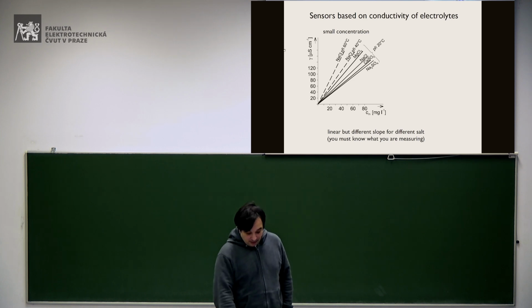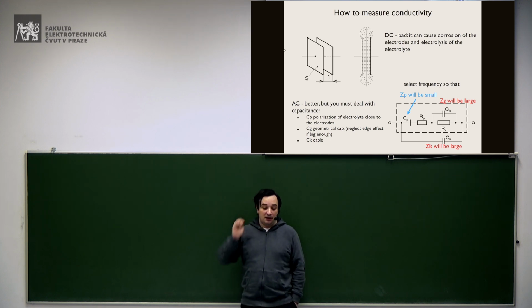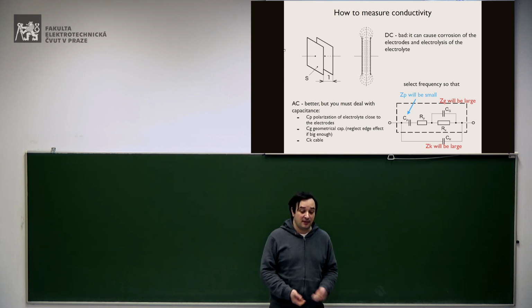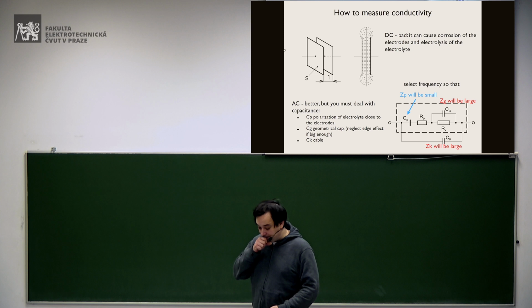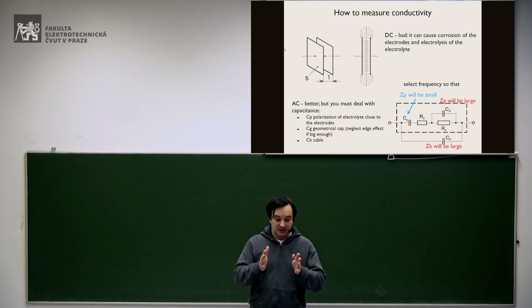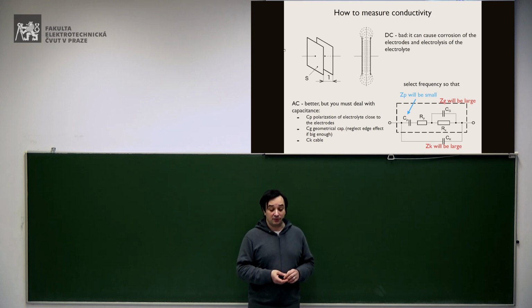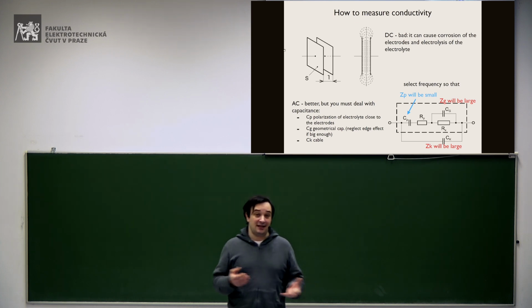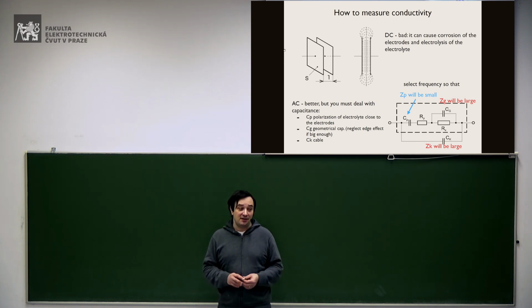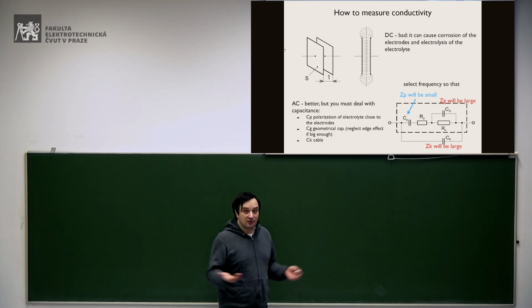Okay. Now we have seen yesterday how to measure the conductivity simply by using the principle of measuring resistance. We have seen that you can do it with two parallel electrodes with a certain area. DC is not ideal because you might corrode the electrodes and you can create electrolysis. So it's better to use AC, but on the other hand, you must consider also the capacitances because as a matter of fact, you have electrolytic capacitors.